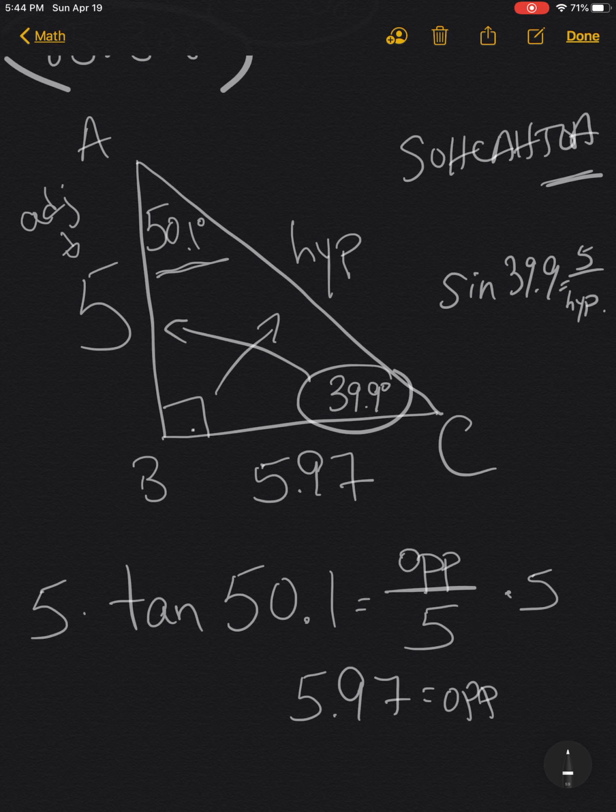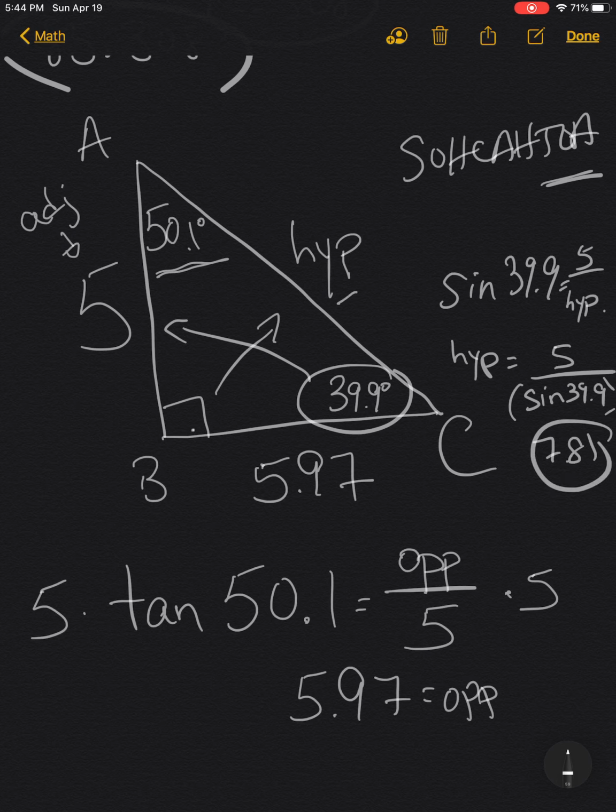We would take hypotenuse, multiply it, and divide by that sine, so hypotenuse would equal 5 over sine of 39.9. Okay, you could put that in your calculator and you would result in the hypotenuse being 7.81, and you would be done.